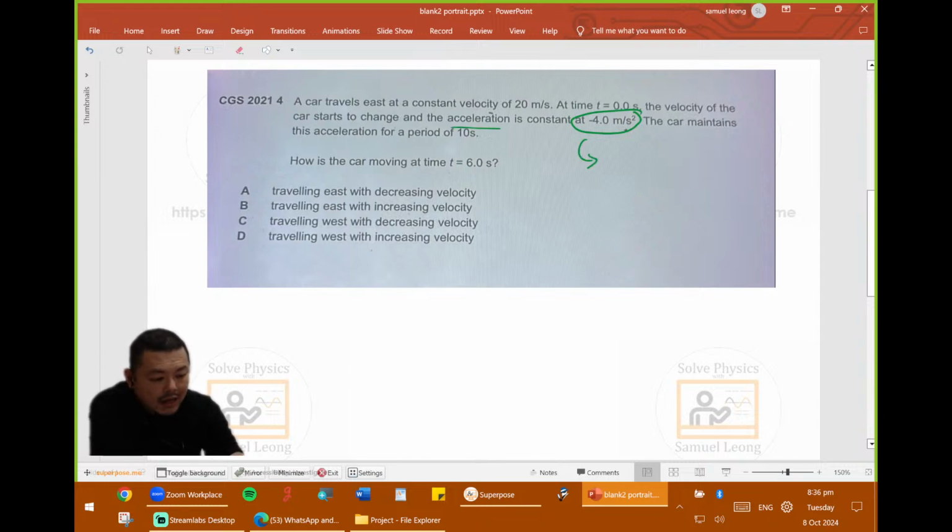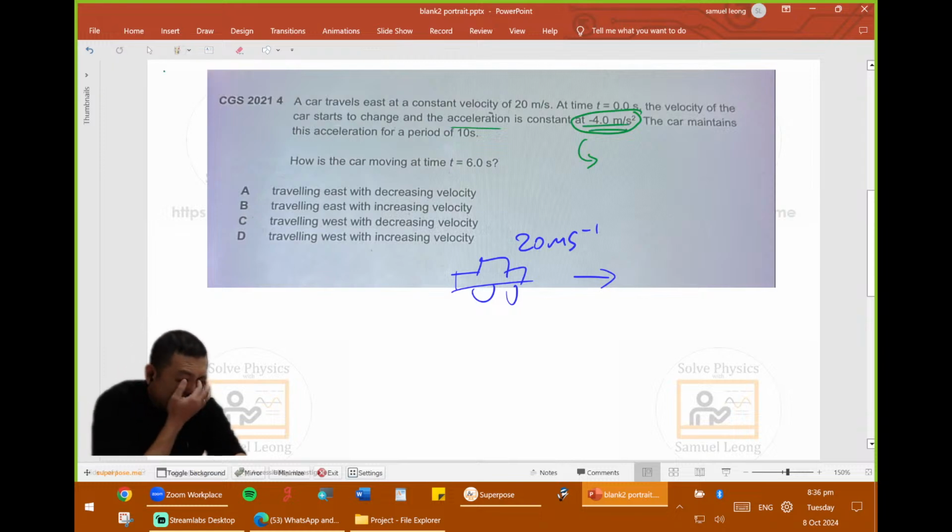No, the acceleration doesn't tell you that it's traveling. Your car is traveling eastwards at 20 meters per second first, right? Then what does this acceleration mean? So there's a decrease of 4 meters per second.